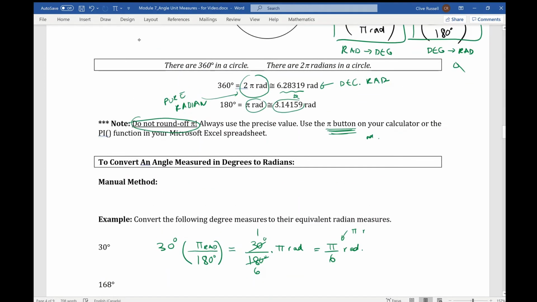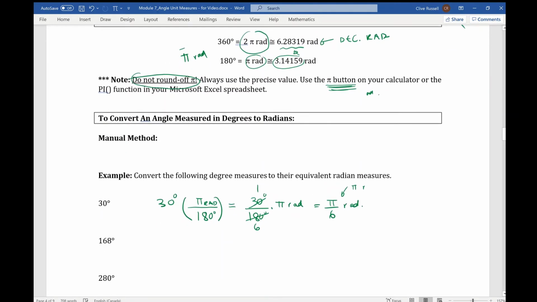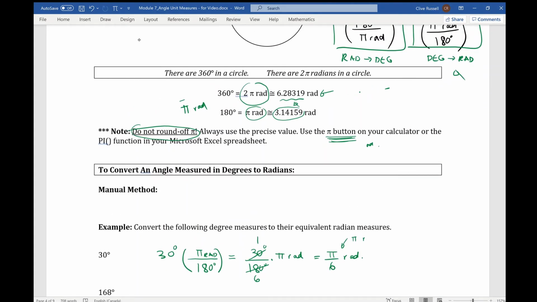This is what I call pure radians here, right? But let's not stick with that. Let's just call it pi radians. And this is actually pure radians. So let me make a correction there.